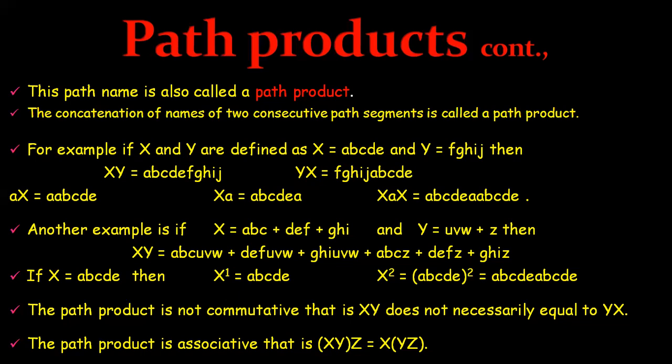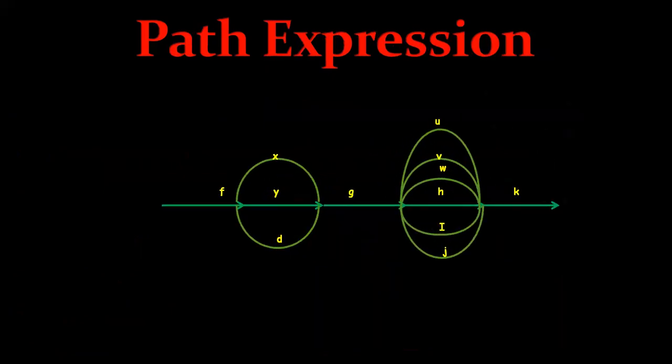Now let us see what a path expression is. An expression that consists of path names and denotes a set of paths between two nodes is what we call a path expression. It is defined as an expression which represents the set of all possible paths between the entry and exit nodes.